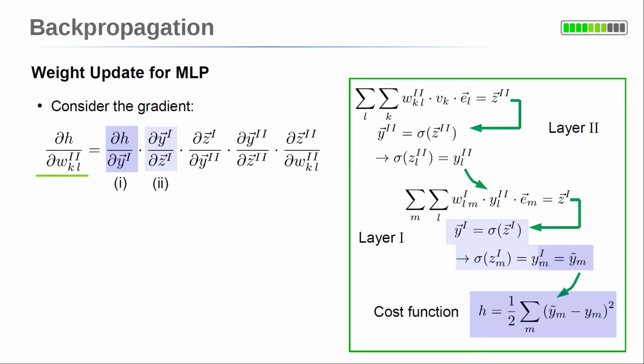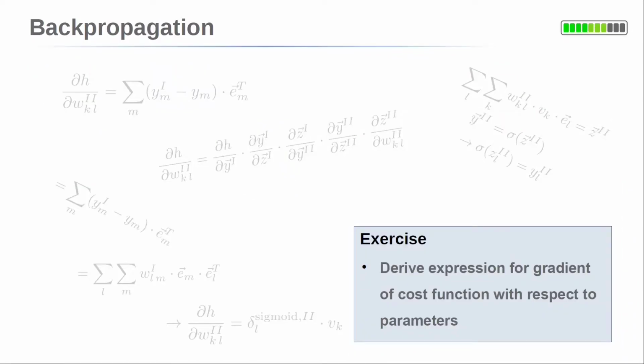This output is calculated by an activation function. The activation function takes the linear summations, and so on. The gradient decomposes into 5 terms according to the chain rule. In the following, we will calculate each of these terms step by step.